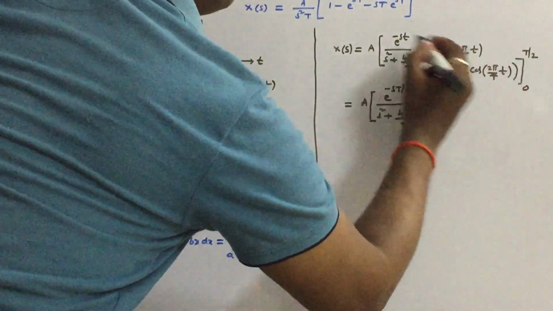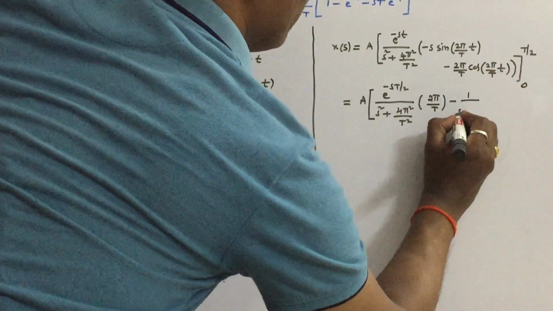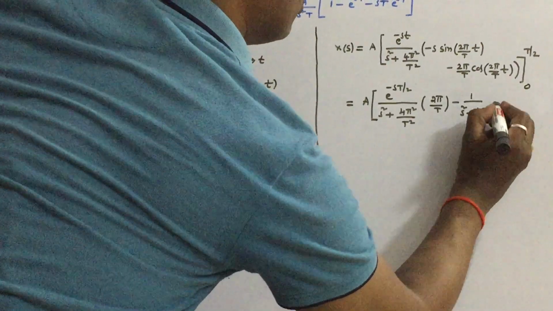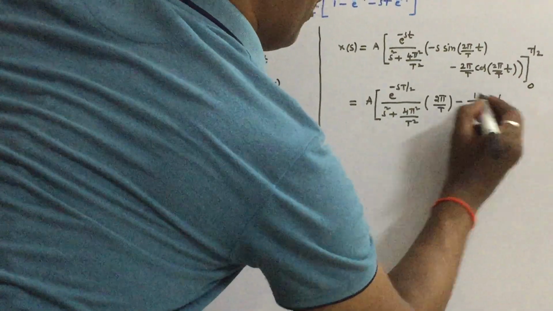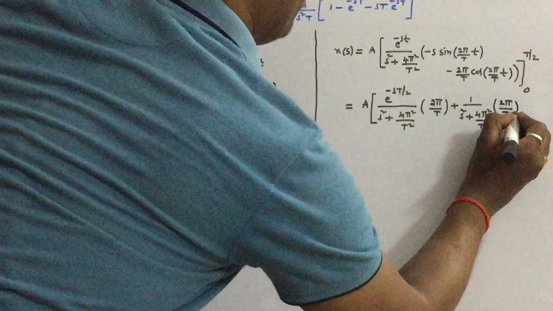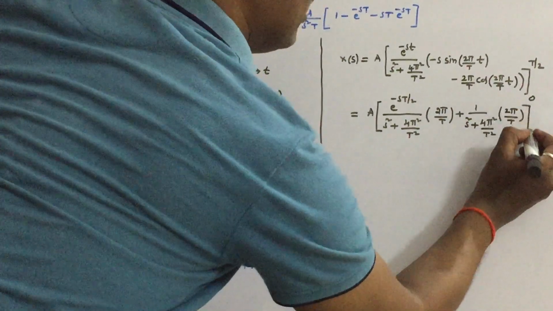If you substitute the lower limit, in place of t put 0, it will become 1 by s square plus 4 pi square by T square. If you substitute, sin 0 is 0, cos 0 is 1, with minus 2 pi by T. So minus into minus will become plus, minus 2 pi by T, minus into minus will become plus.